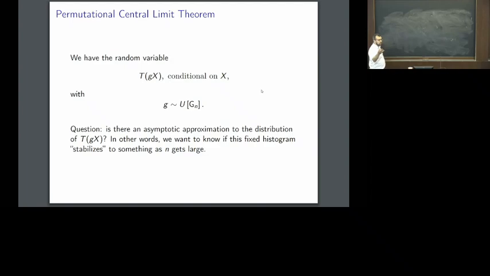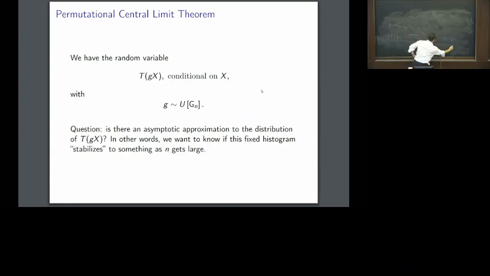In a sense, as we were discussing earlier, there's not necessarily a need for randomness at all, because I can just take my T(gX)'s, fix X, simply enumerating over g. Let's index that in n, and the size of G is also indexed. That's going to give me, for a small n, a kind of clunky histogram.